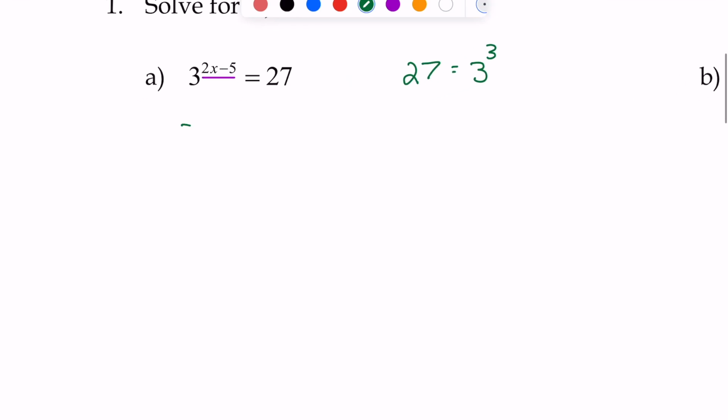So we rewrite the left, which is 3 to the 2x minus 5. And on the right-hand side, you can now have that written as 3 to the 3. There's no difference between 3 to the power of 3 or 27. We now have the same base. So that tells us we can then take our exponents, 2x minus 5 on the left, and set it equal to 3 on the right.